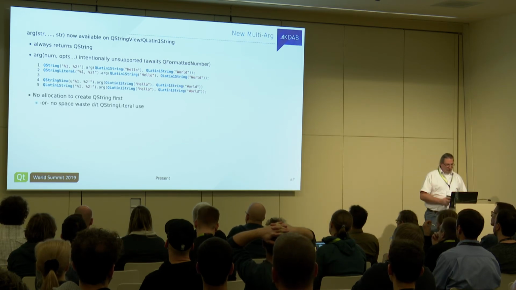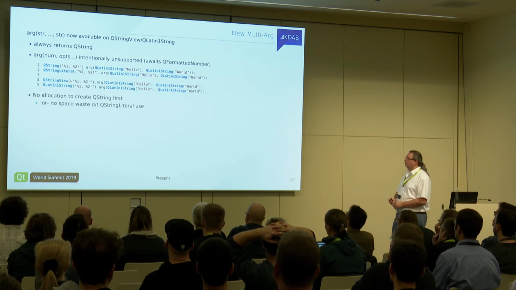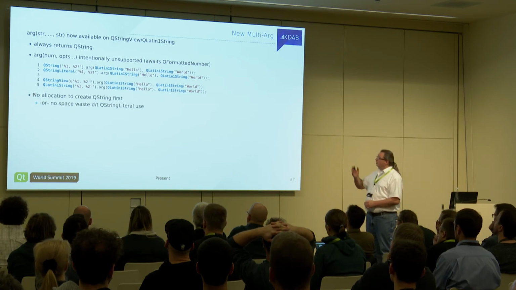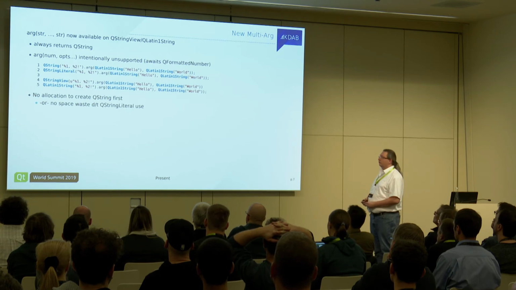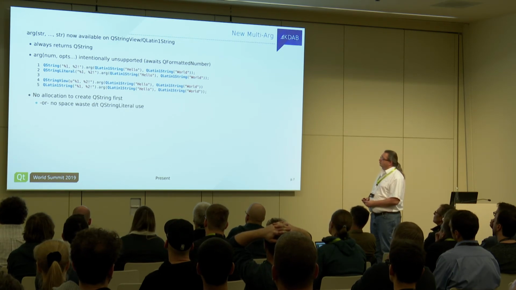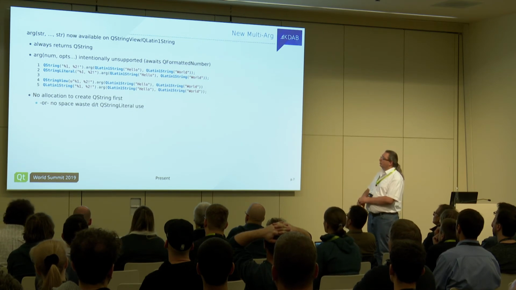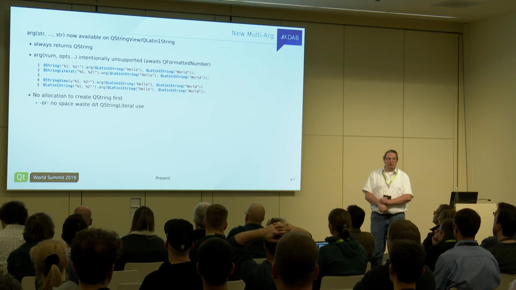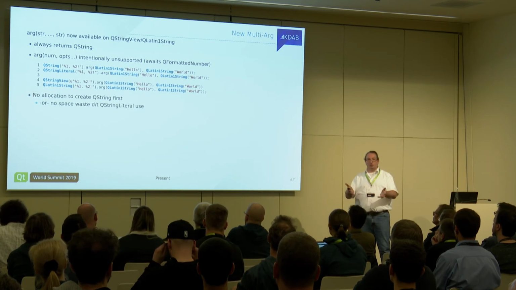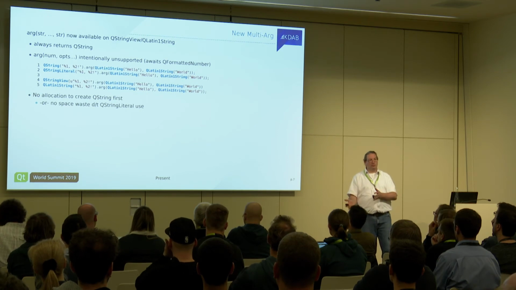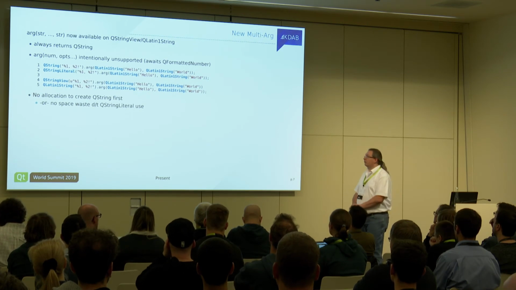So, if you use QStringView or QLatin1String and arg, we at least get rid of the allocation on the left-hand side, on the format string. And even if you say, okay, we had that before with QStringLiteral, QStringLiteral has the problem that every instance is a new type, and the data that you store in a QStringLiteral is not shareable between instances of QStringLiteral.